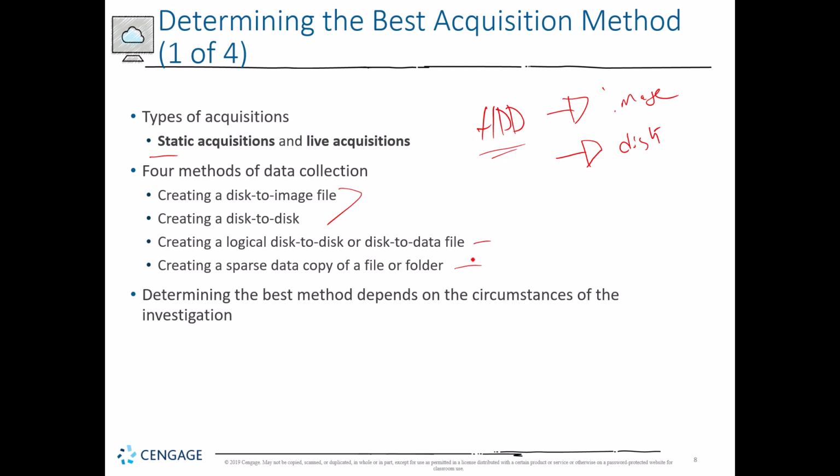So there are pros and cons for each one of these. It kind of depends on what you're being allowed to do. Maybe you have a subpoena from a judge, and the judge says you're only allowed to review this folder on this computer. And that would then limit your analysis to that object.